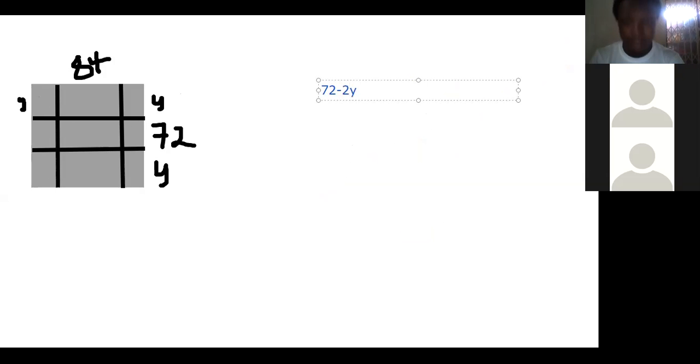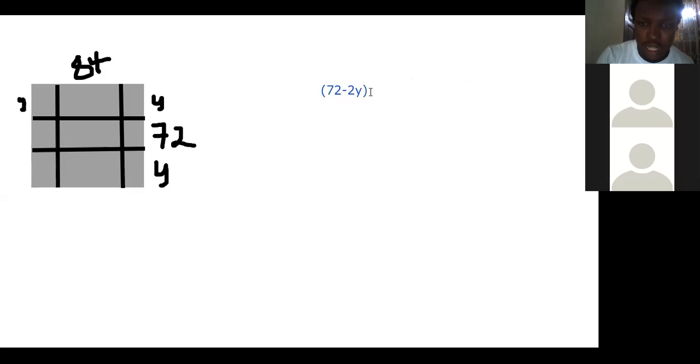That will be our first dimension, from here to here: 72 minus the 2 cuts.